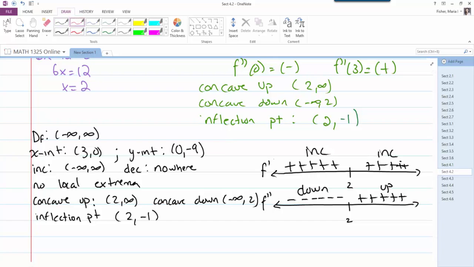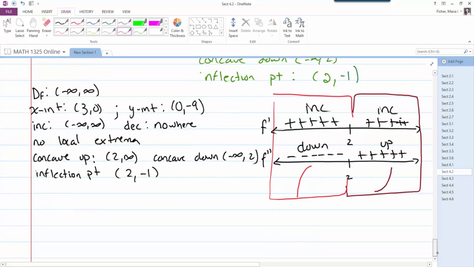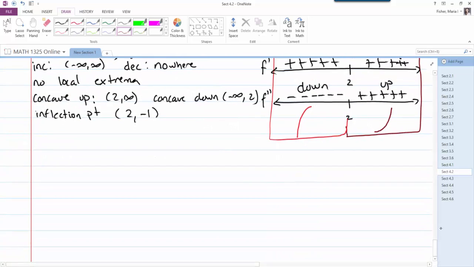Well, recall, anytime you are increasing and concave down, you look like the left side of the letter N. And anytime that you are increasing and concave up, you're going to look like the right side of the letter U. So putting that all together, let's plot these points on a graph.